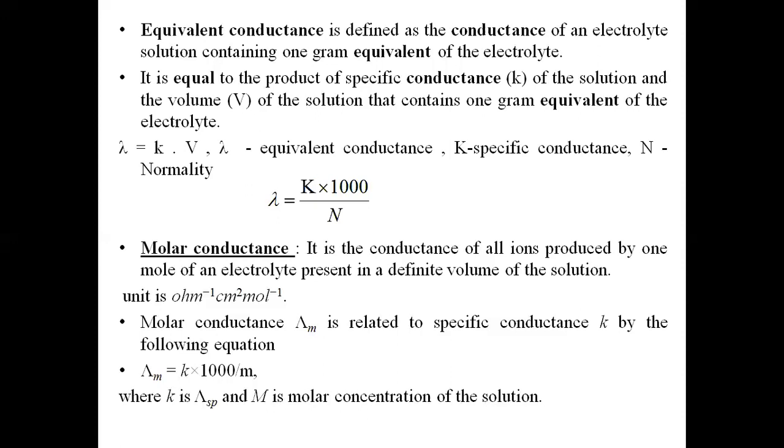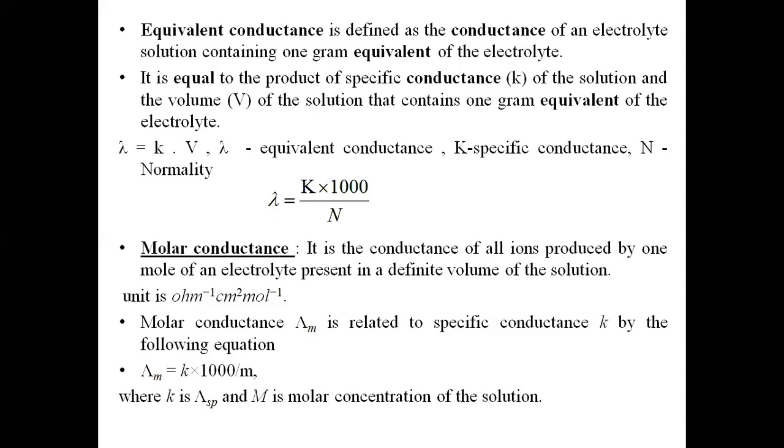And another conductance is molar conductance. What do you mean by molar conductance? It is the total conductance of all the ions produced by 1 mole of an electrolyte present in a definite volume of the solution. Molar conductance, denoted as lambda m, is equal to kappa into 1000 by M, where kappa is the specific conductance and M is the molar concentration of the solution.